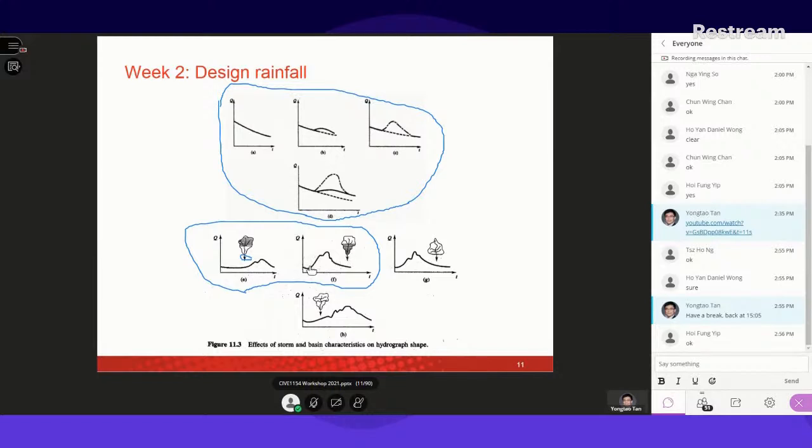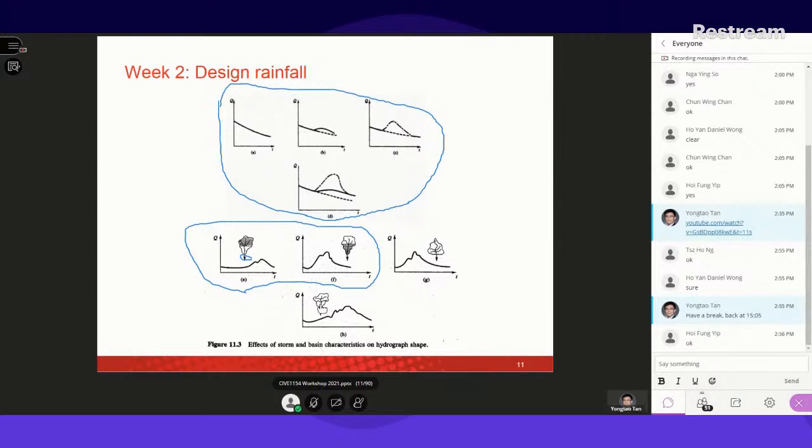So we can see the hydrograph shape is different. The peak flow occurs very quickly, meaning it takes a short time to reach the peak flow. Compared to E, the peak flow is also higher. So this is E and F.